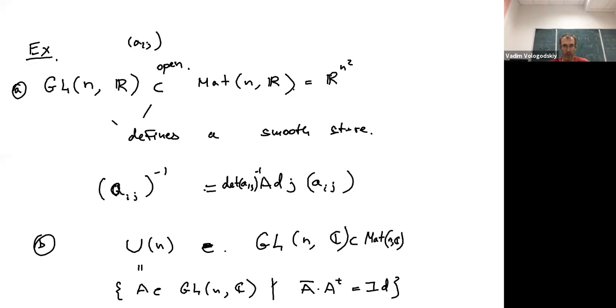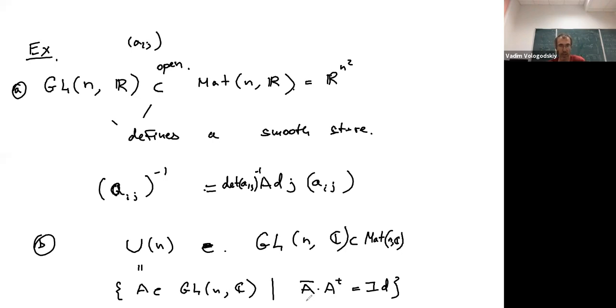So let's look at this formula. It definitely defines U(n) by a system of algebraic equations. It involves some complex conjugation, but if you write it in terms of real and imaginary parts of the entries, it's perfectly nice.